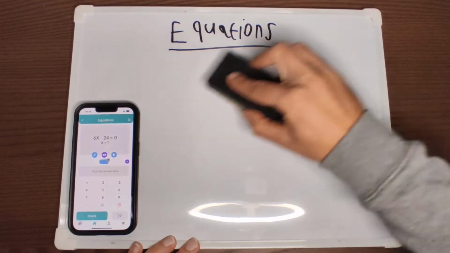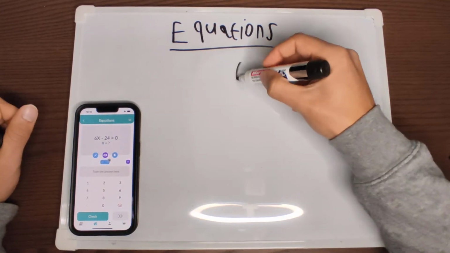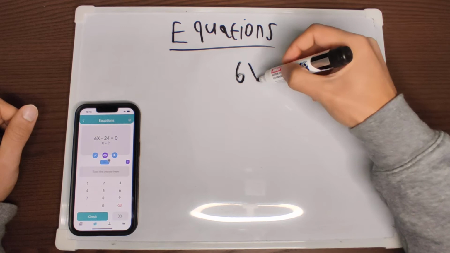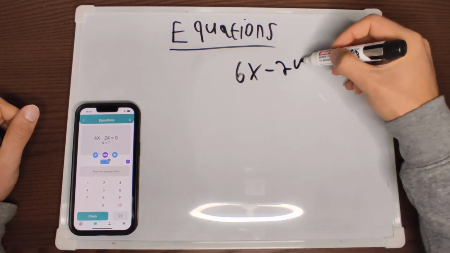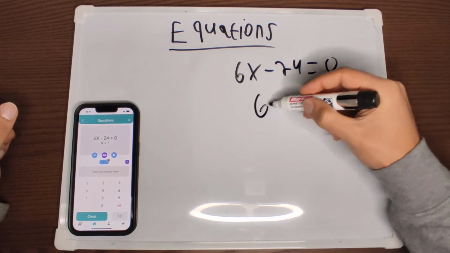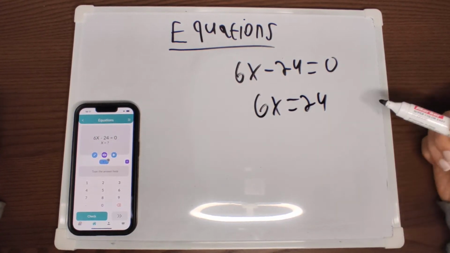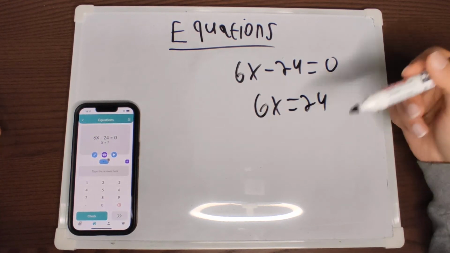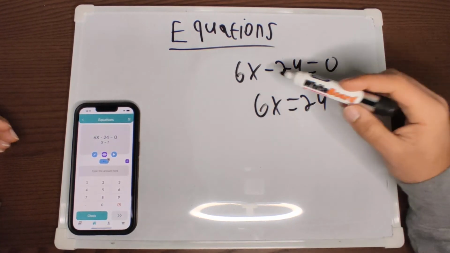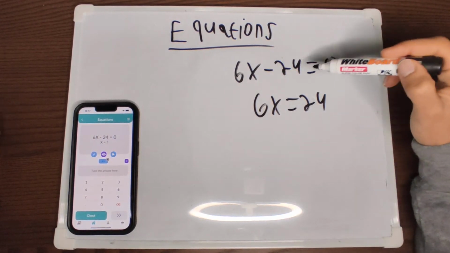Because when we have this operation, 6x minus 24 equals 0, and then we moved to this step, 6x equals 24. How did I do it? I did it in my head. I said, this element should be 24 because 24 minus 24 is 0.